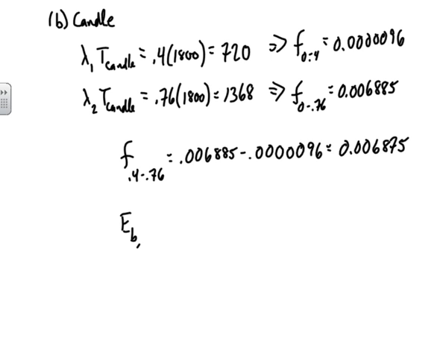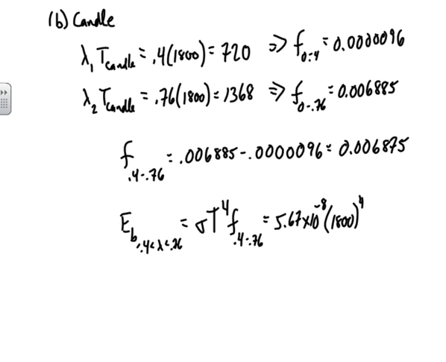Then our black body radiation between 0.4 less than lambda less than 0.76 equals sigma T to the 4th times F, which is 5.67 times 10 to the minus 8 times 1800 to the 4 times 0.006875. We find that the emitted energy for the candlelight is 4090 watts per meter squared.